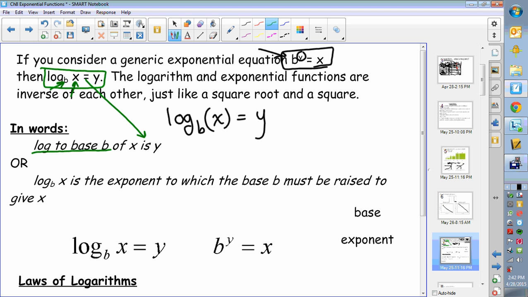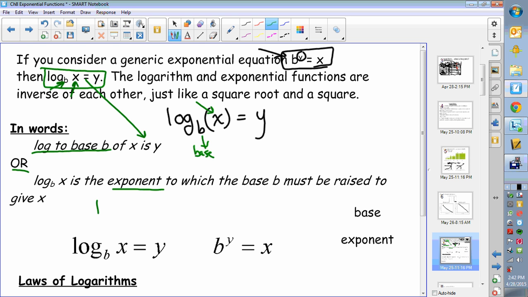Okay, so this is the base, and this is what it's equal to, and the x is what you're taking the log of. Another way to say it: log to base b of x, that answer is the exponent to which the base b must be raised to give x.